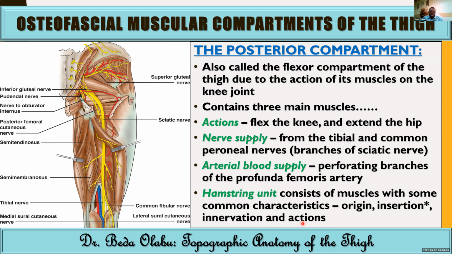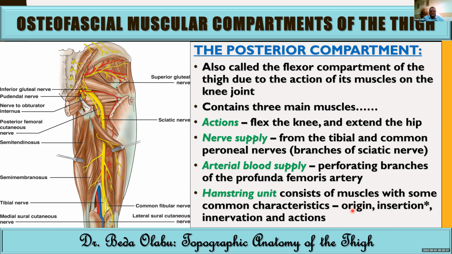So with that kind of description, we notice that all the muscle mass of the posterior thigh may belong to the hamstring group, except the short head of the biceps femoris muscle. And why do we say so? The short head of the biceps femoris muscle originates from the linea aspera. It originates from the femur. It does not arise from the ischial tuberosity.